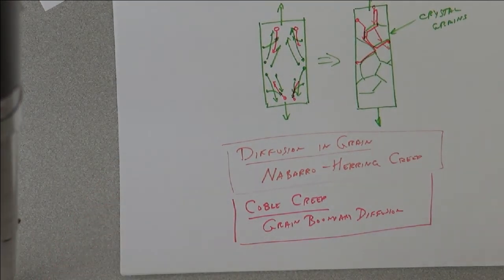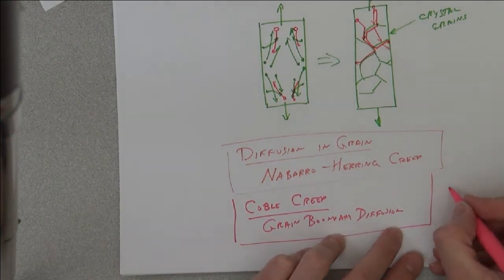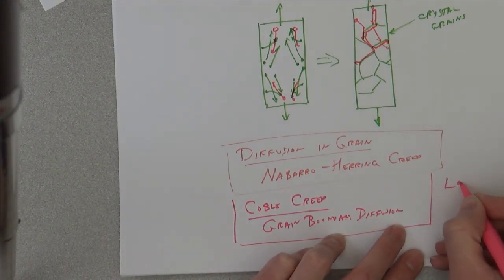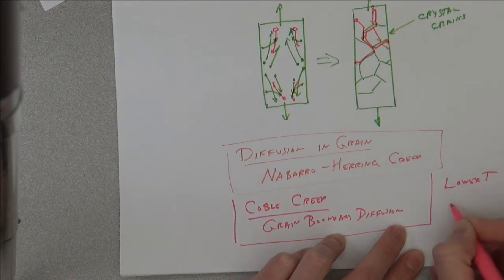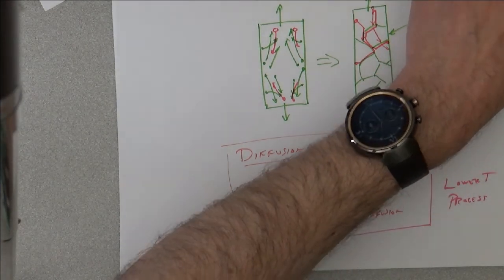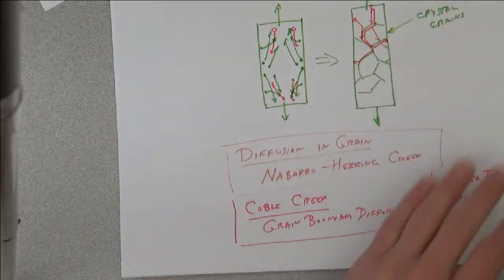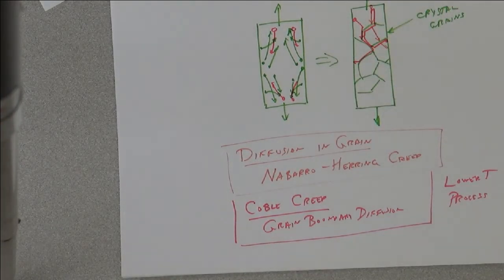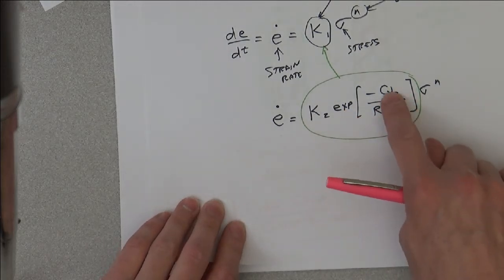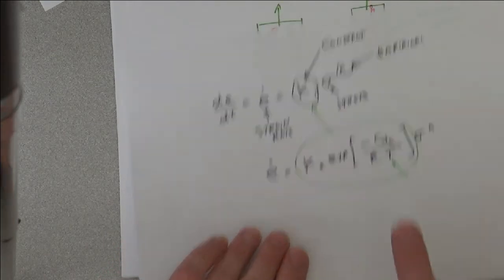Now, naturally, this is typically a lower temperature process, because the energy barrier is lower, so the activation energy in our Arrhenius expression is going to be smaller, and it'll be faster.